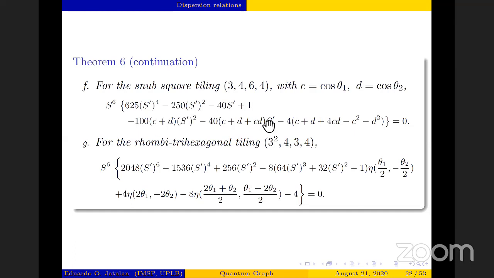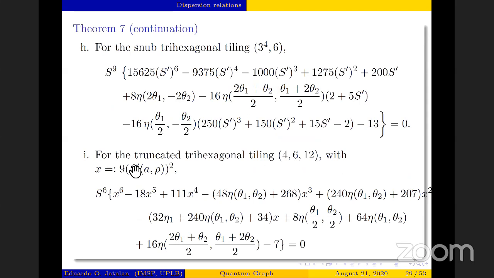So our dispersion relations are polynomials of S prime. And we have some factors here that don't depend on our Brillouin zone, our quasi-momenta. This is the most complicated dispersion relation that we solved. Again, these are all polynomials in S prime.